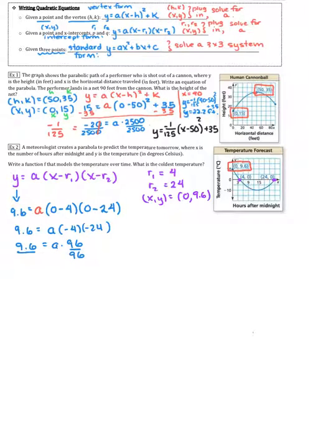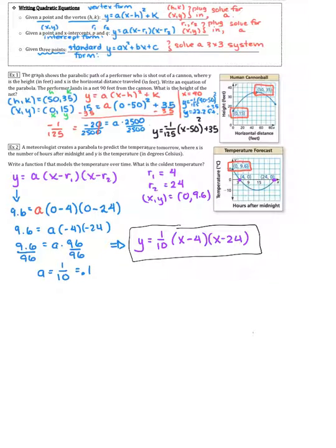Dividing both sides by that gives us A equals 0.1 or 1/10. I don't really care whether you use a decimal or a fraction, but we do want to put it all together. So we get y equals 1/10 times (x minus 4) times (x minus 24). And that would be your final answer, because you want to have an x and a y in your final answer.